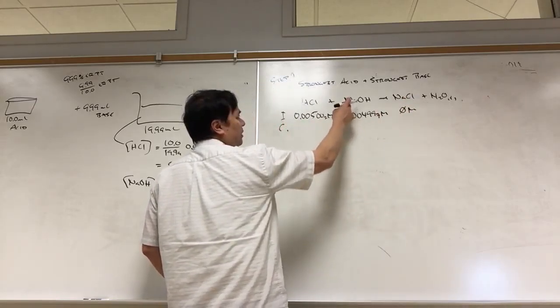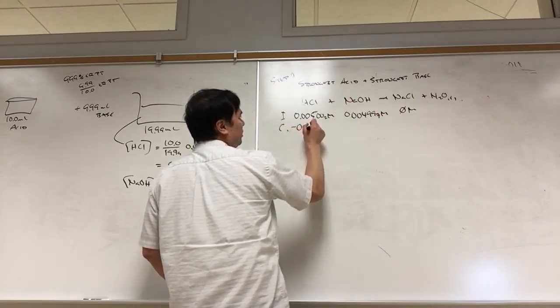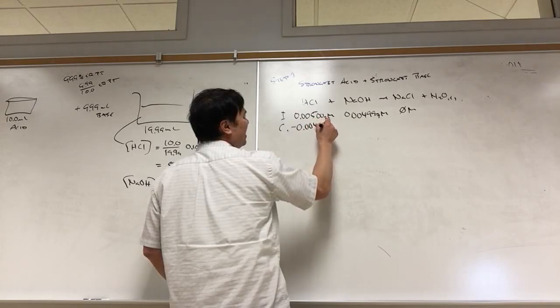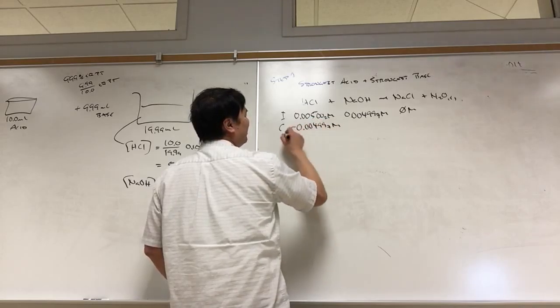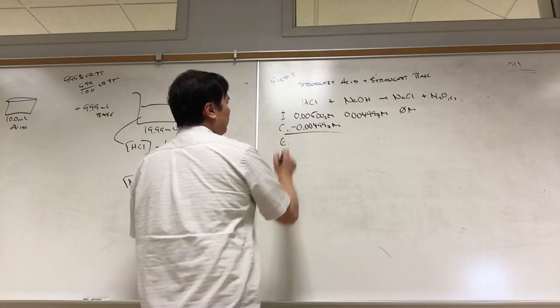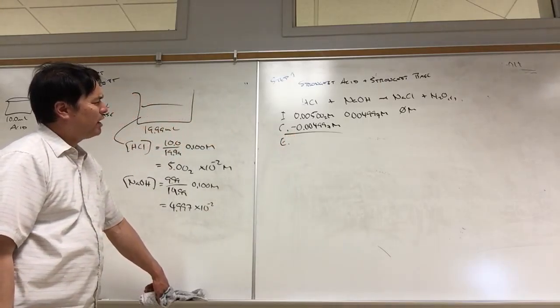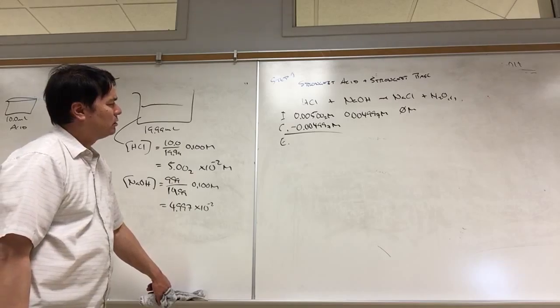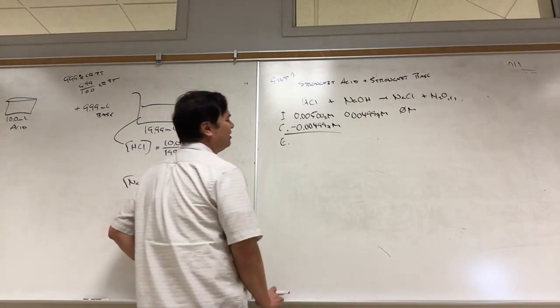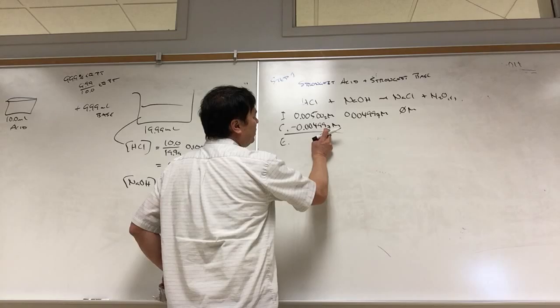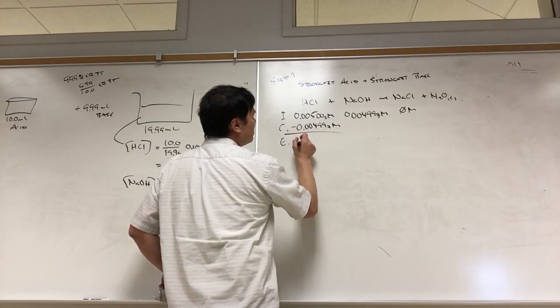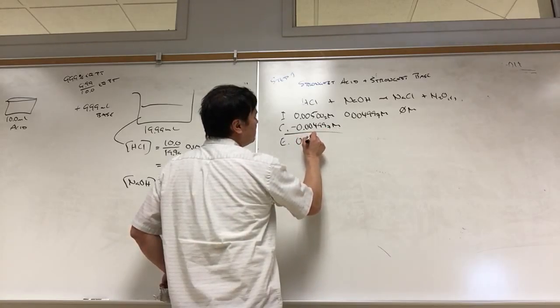Okay, the change is going to be complete. Sodium hydroxide is the limiting reagent, so 0.004997. And so 0.005002 minus 0.004997 is 0.000005.